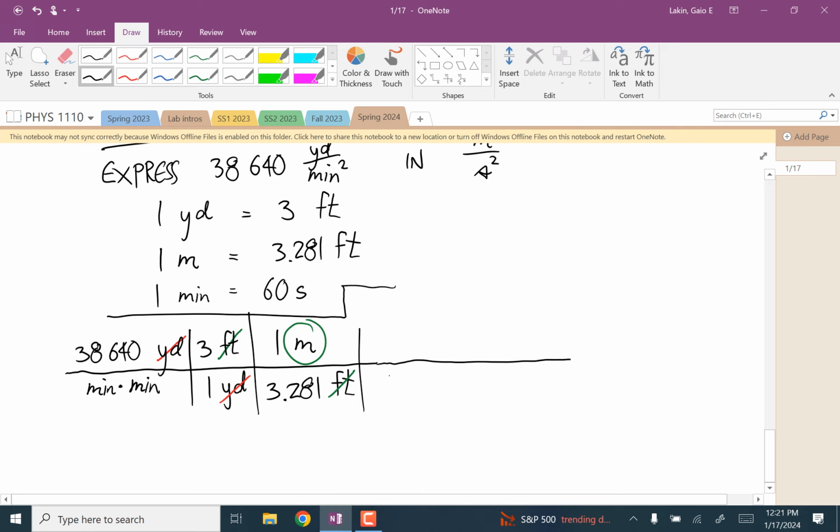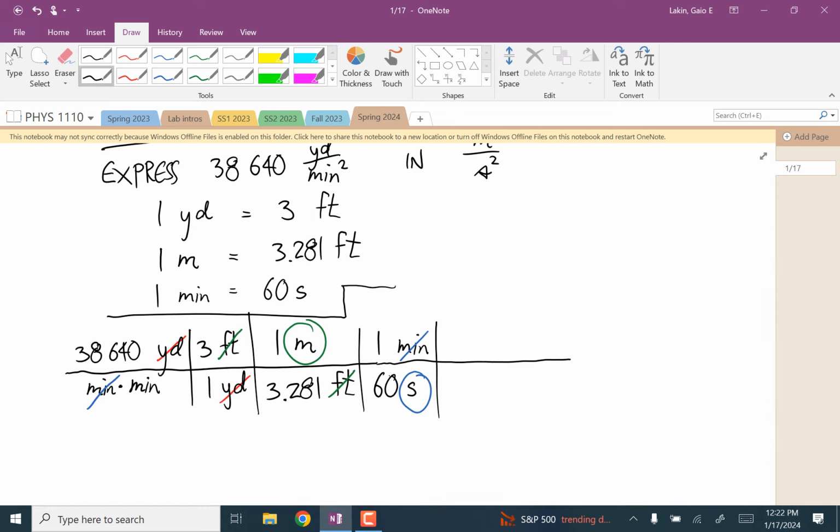I'll do the first one: 1 minute divided by 60 seconds. One of those minutes cancels with this one, and now we have one time unit of seconds. But we still haven't gotten rid of the second minute, and that tells us we're going to have to do this again.